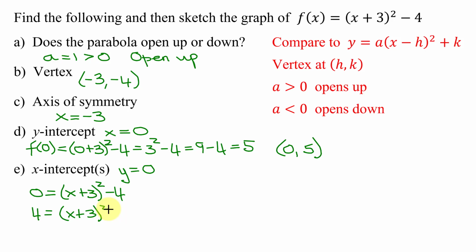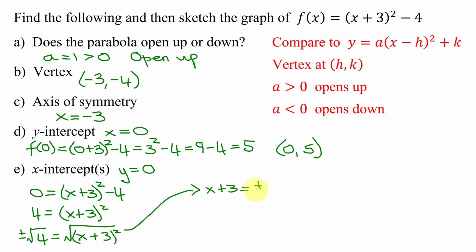Now I'm going to take square roots of both sides. So I'm going to get plus or minus the square root of 4 equals the square root of x plus 3 all squared. When I square root this square, I'm going to get x plus 3 equals plus or minus the square root of 4, which is 2. So it's plus or minus 2.